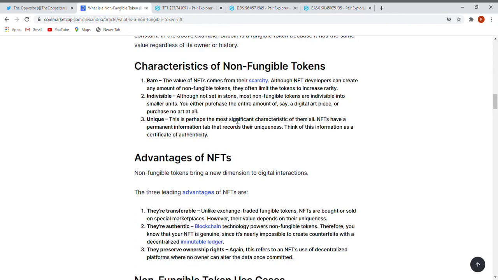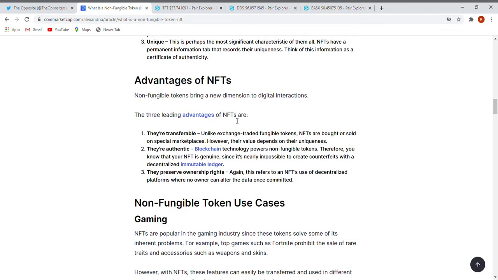NFTs have a permanent information tab that records their uniqueness. Think of this information as a certificate of authenticity. This is just great, guys. So if you have one of these, you have a unique one, and you can say how much you want for it.